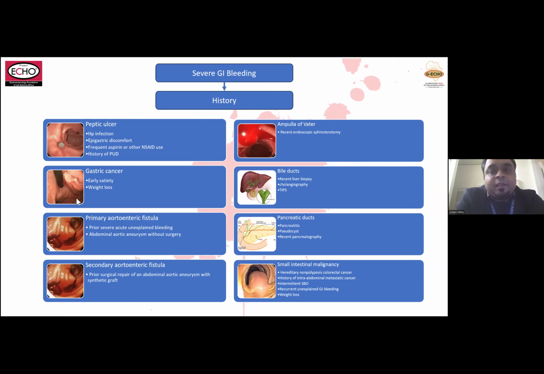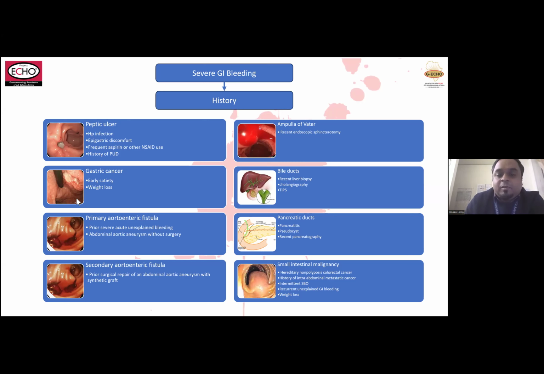And if the patient had a recent ERCP or a sphincterotomy, then one would suspect this is the bleeding coming from the ampulla, or if they have had a recent liver biopsy or a cholangiography, or TIPS, then we should think, is this coming from the bile ducts? Pancreatitis, pseudocyst history, so we should also think of the pancreatic duct pathology.